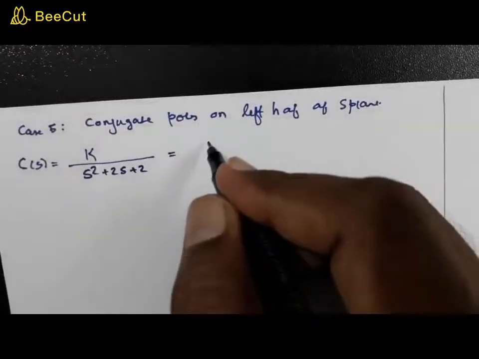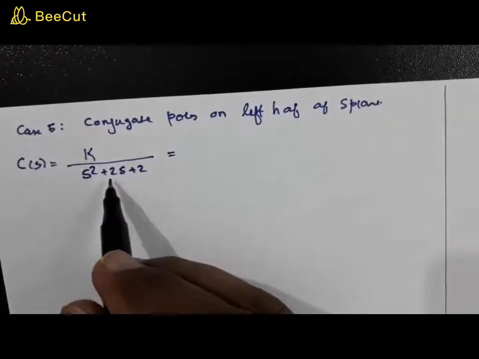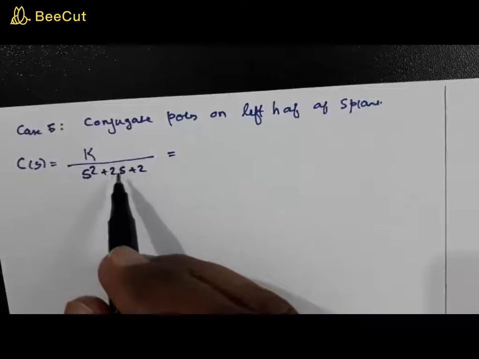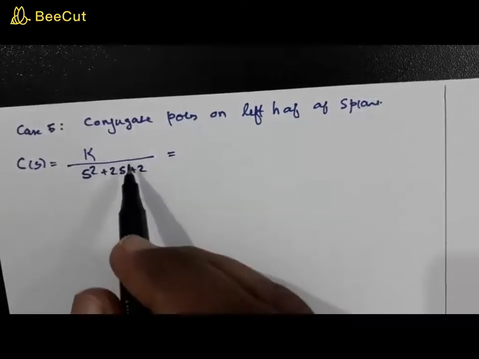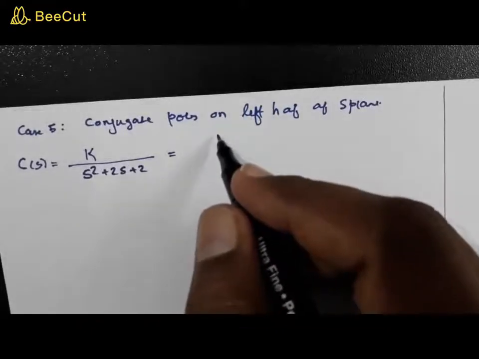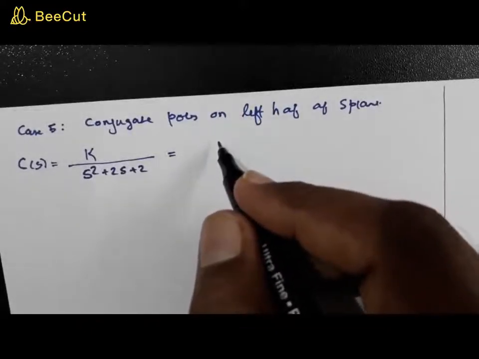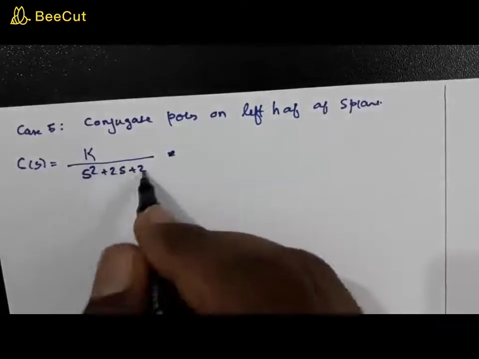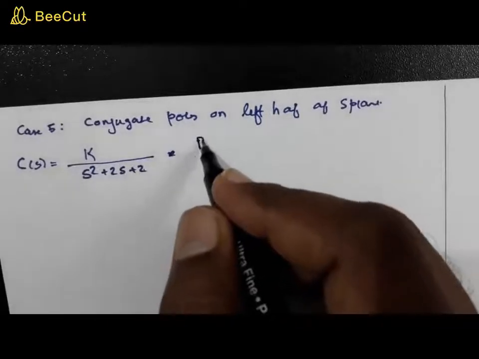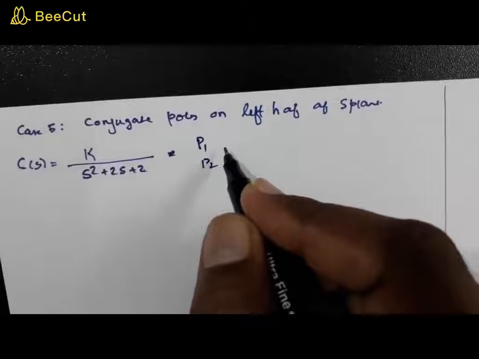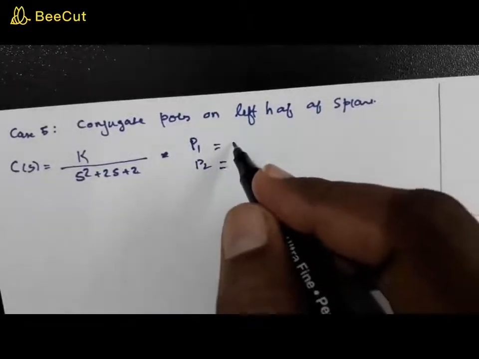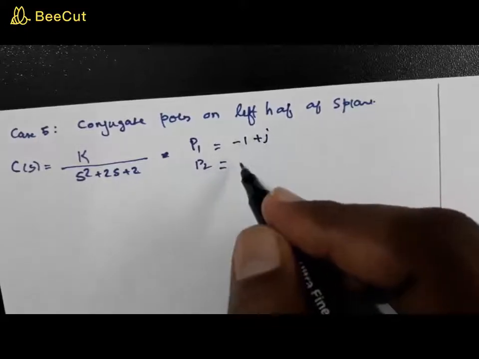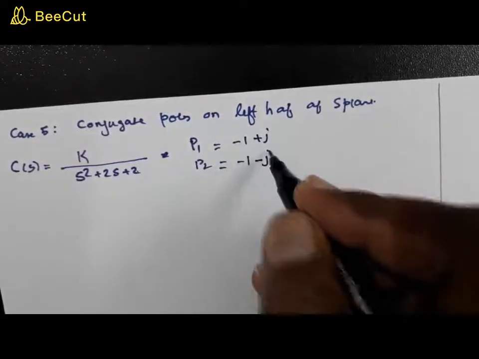Since b square minus 4ac is negative, this gives you complex poles. When you equate this to 0 and solve, you get the poles p1 and p2 as minus 1 plus j and minus 1 minus j.